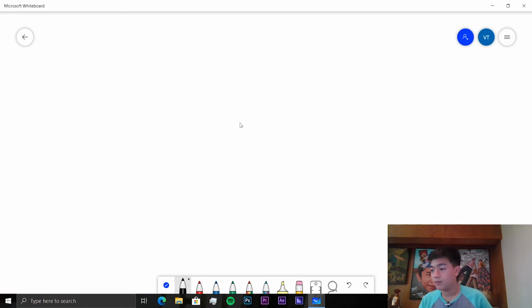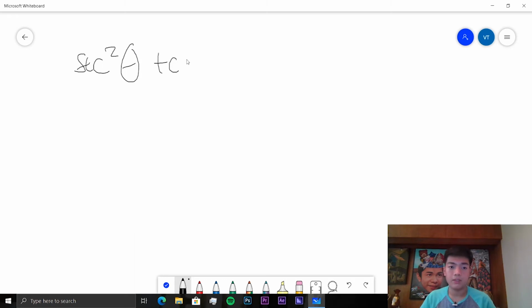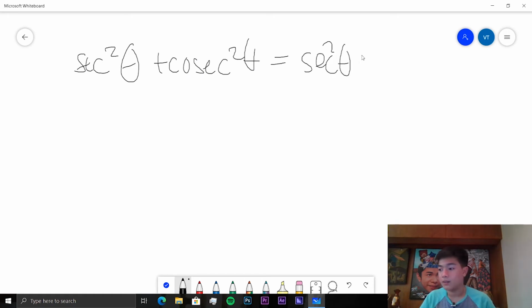We have, what's the next one? We have secant squared theta plus cosecant squared theta is equal to secant squared theta times cosecant squared theta. Okay, this is a bit of an interesting one.